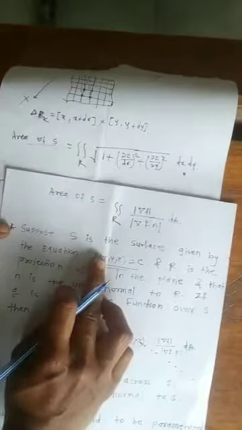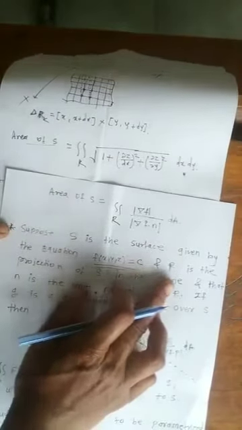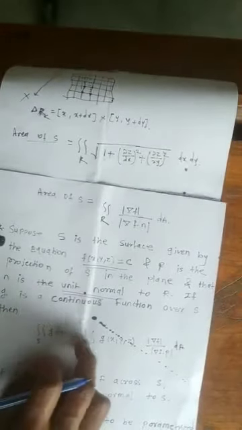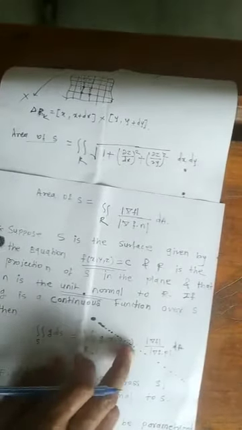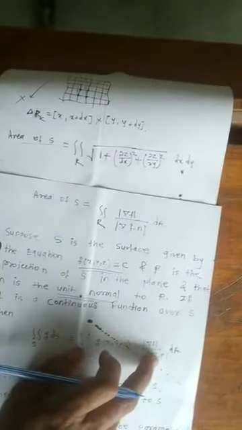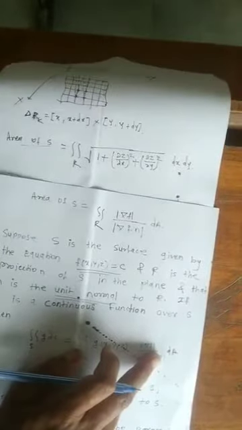Next, note: suppose S is a surface given by the equation f of x y z is equal to c, and R is the projection of S onto the plane, and n is the unit normal to R. If g is a continuous function over S, then the integral over S of g dS is equal to the integral over R of g of x y z times mod of grad f divided by mod of grad f dot n, dA.